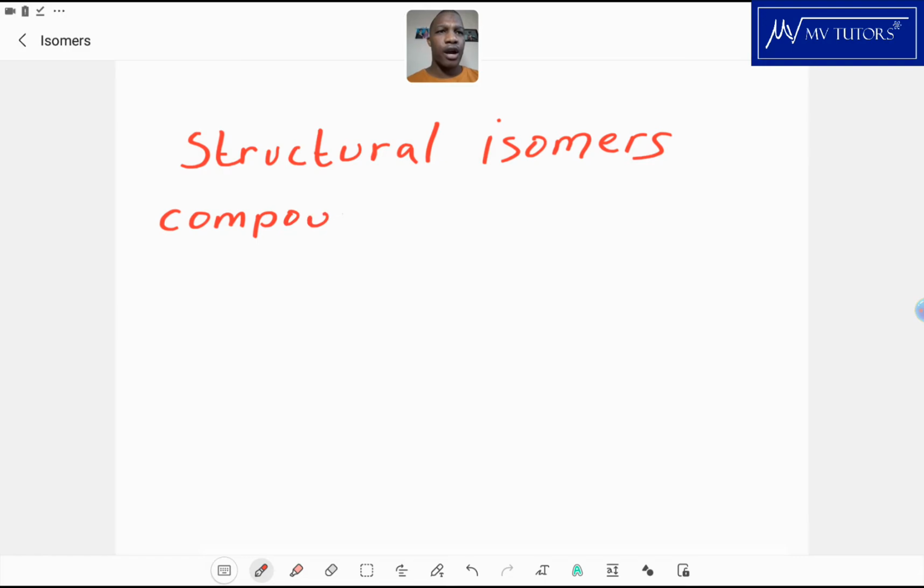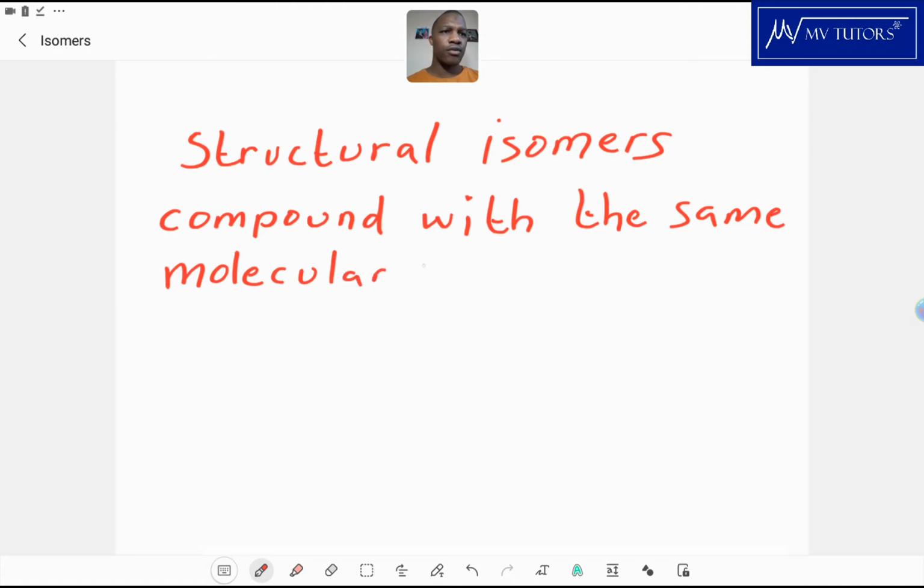First of all, they are compounds or molecules with the same molecular formula, or molecular formulae. So this could be CH3. This is what we call molecular formulae, or molecular formula.